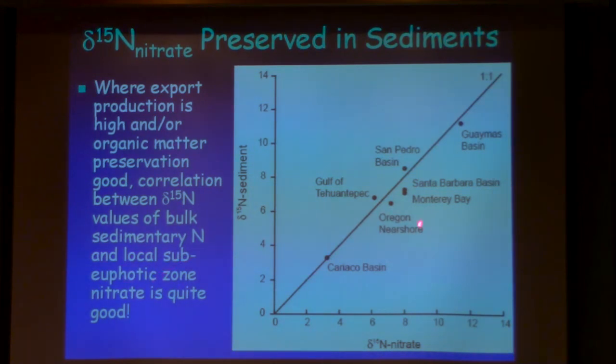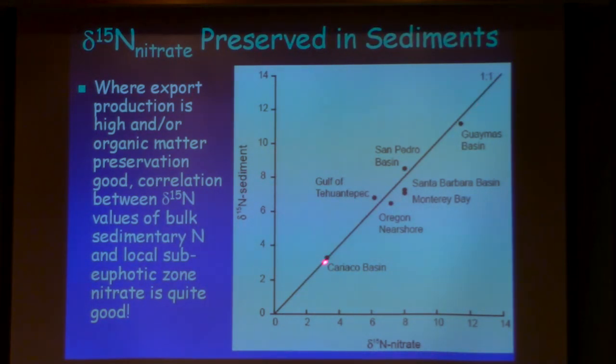If we look at regions in which there's reasonably high production, where there's complete utilization of nitrate within the surface water, and where there's good organic matter preservation at depth, there's a really nice one-to-one relationship between the delta 15N value of subeuphotic zone nitrate and the delta 15N value of nitrogen in sediments, so particulate nitrogen in sediments.